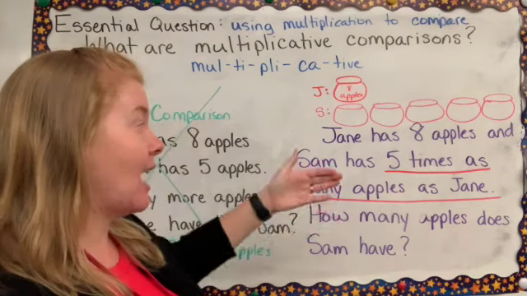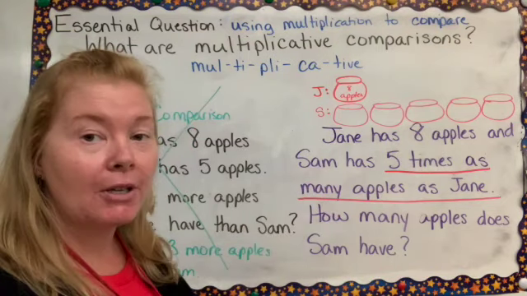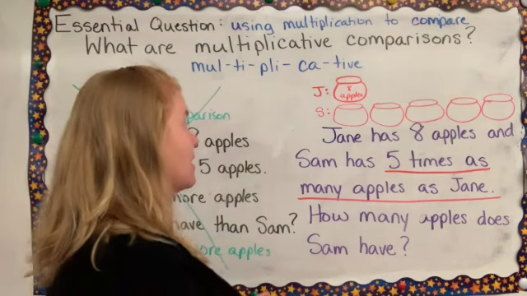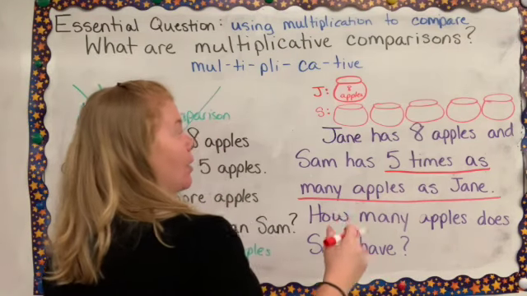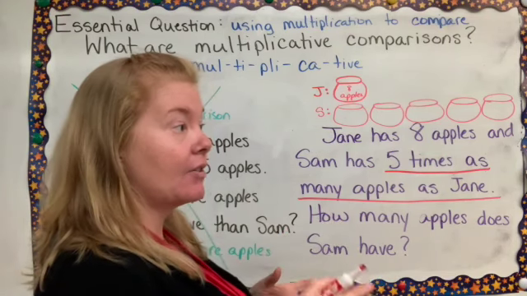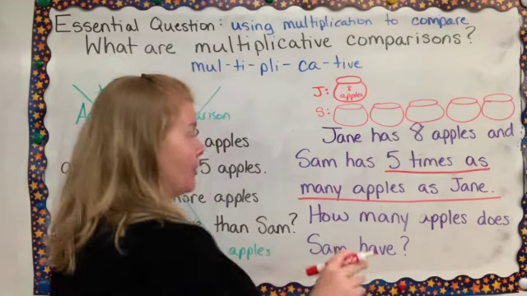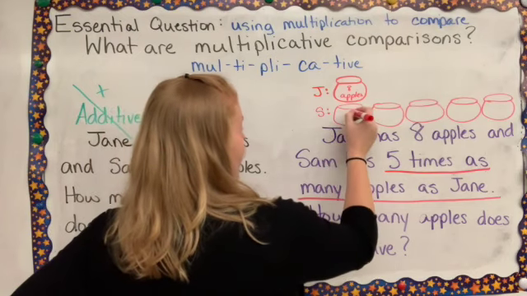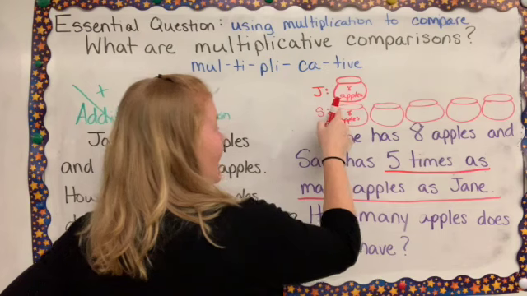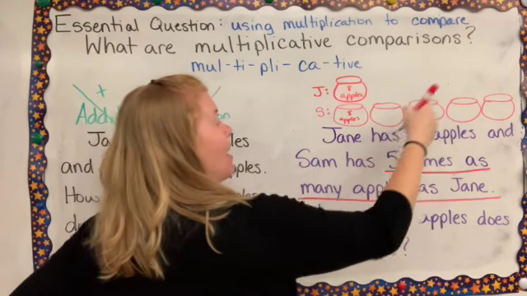So in this kind of equation, you are going to be drawing out how many times more of something that someone has compared to someone else. Or it could be a different kind of situation where it's not 2 people, just so you know. So Sam has 8 apples, but he has 8 apples or 8 baskets of apples 5 times.